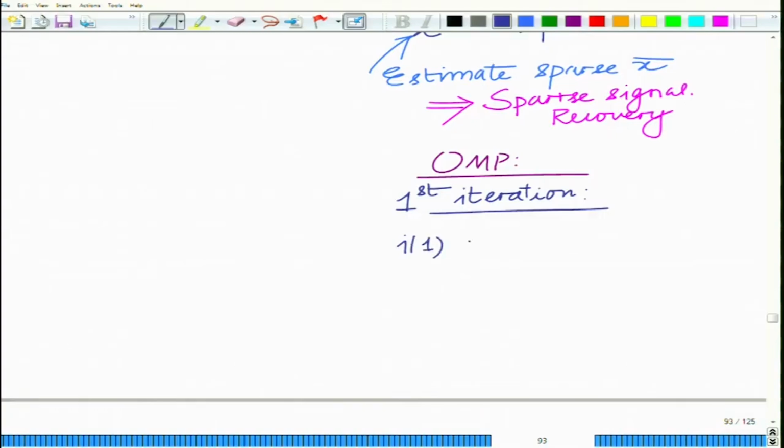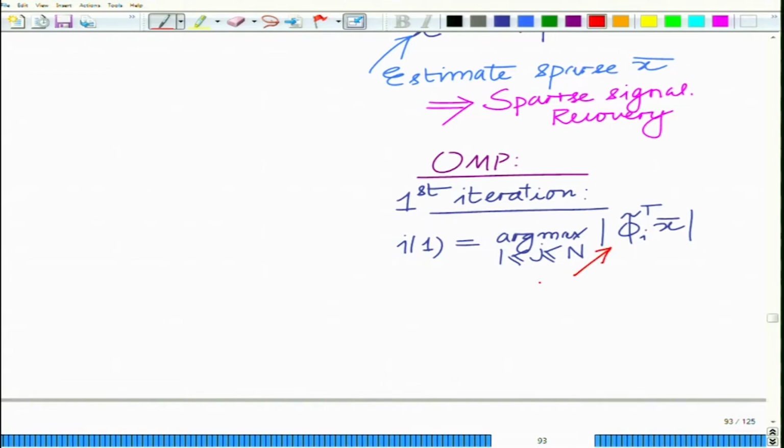So, remember you have i1 equals argmax over j, 1 less than or equal to j less than or equal to n, of the magnitude of phi j tilde transpose times the vector.